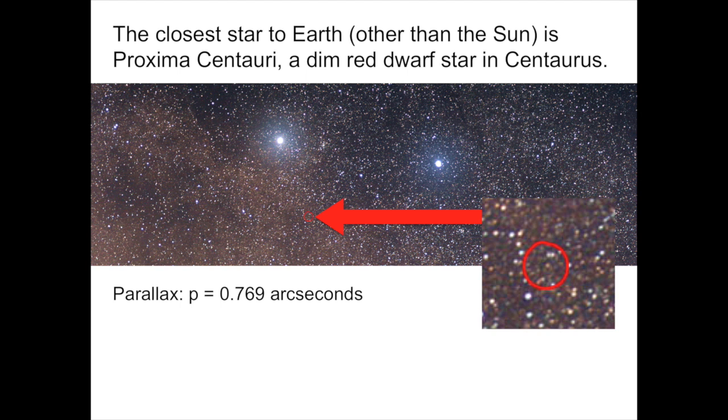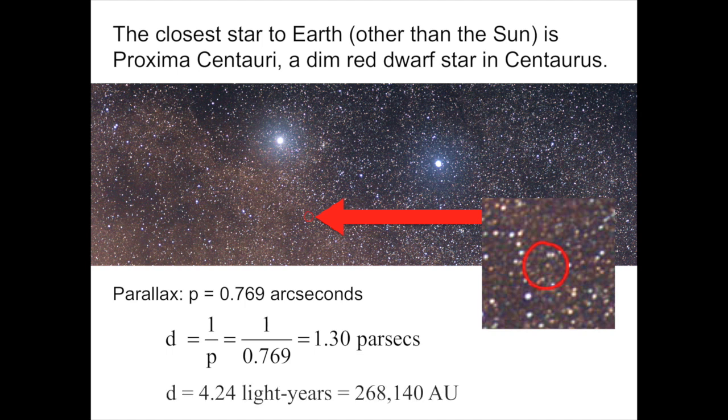The parallax of Proxima Centauri is 0.769 arcseconds. If we use our parallax formula, d is equal to 1 over p, and put in 0.769 arcseconds for p, do the math, works out that the distance to Proxima Centauri is 1.3 parsecs. Translating that into our preferred units of light years and astronomical units, Proxima Centauri is 4.24 light years away, or 268,140 astronomical units.